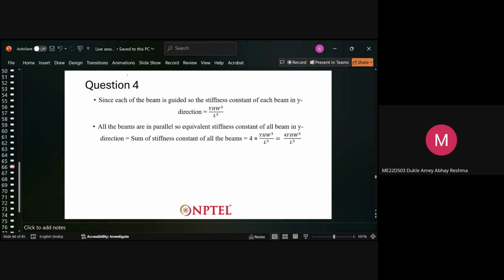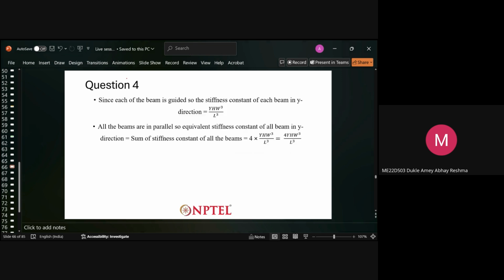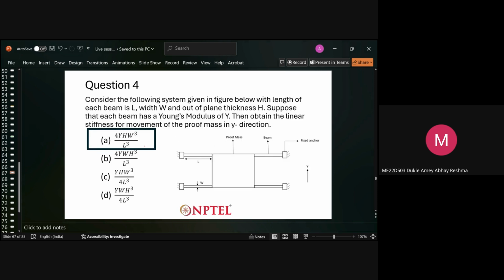So the formula for K is basically given by Y, the Young's modulus, into... Now here, what we are concerned with is the transverse direction, right? That is why you will get W cube. The force here is in this direction, so the force is along the length.